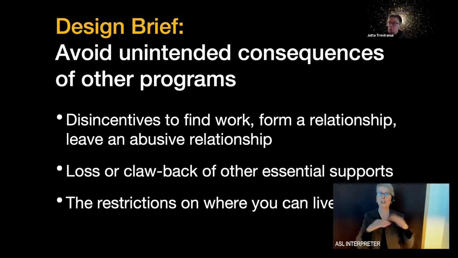And some of those unintended consequences include the disincentives to find work, to form relationships, to leave an abusive relationship, the loss or clawback of other essential supports that we depend upon, and the restrictions on where we can live, so that the actual attempt to address poverty reduces our mobility.